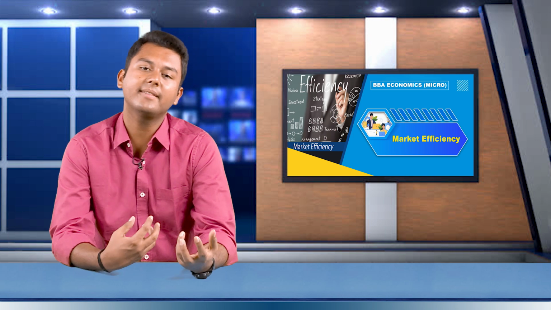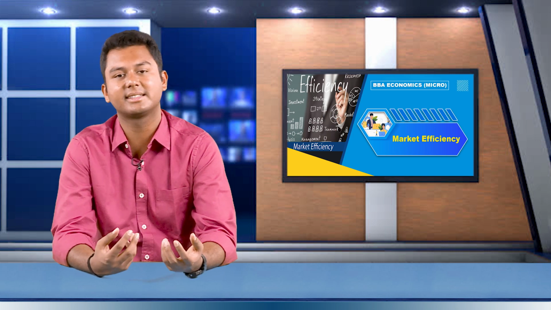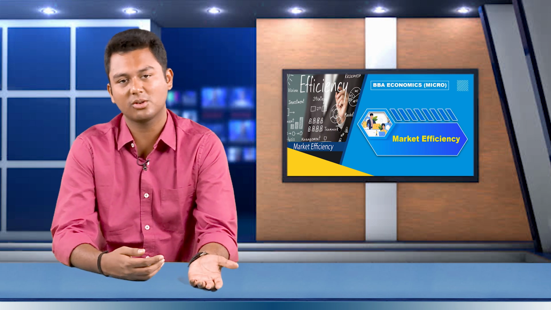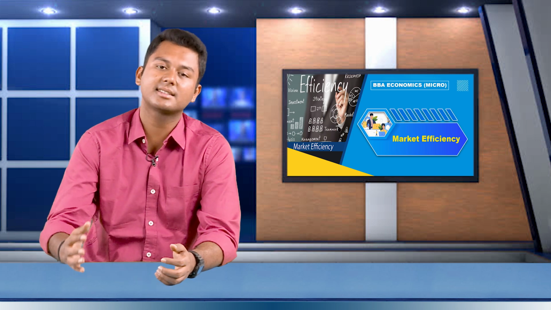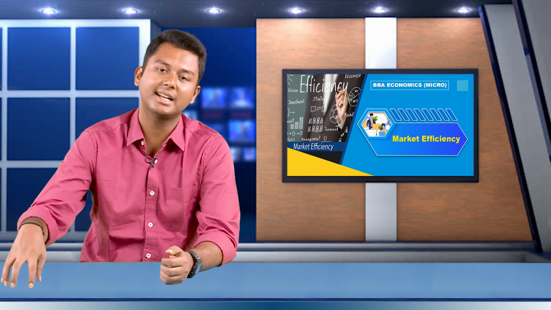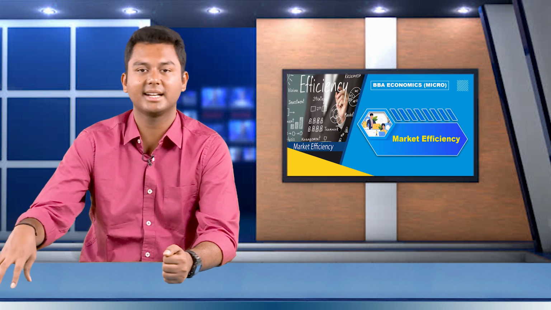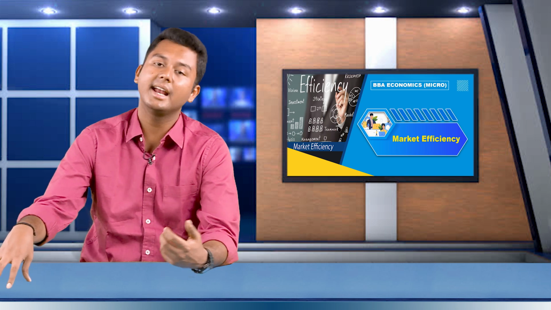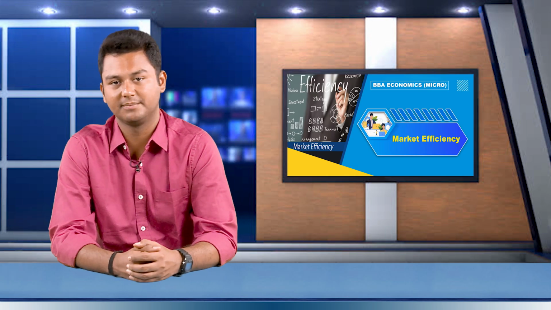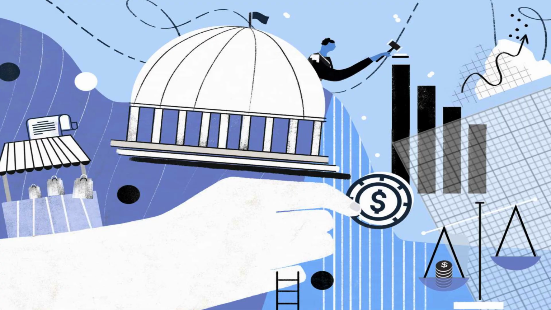So, what we can assess from this is that market failures can also occur because the assumptions on which the concept of market efficiency is constructed might not always hold. In that case, government intervention is in fact necessary.